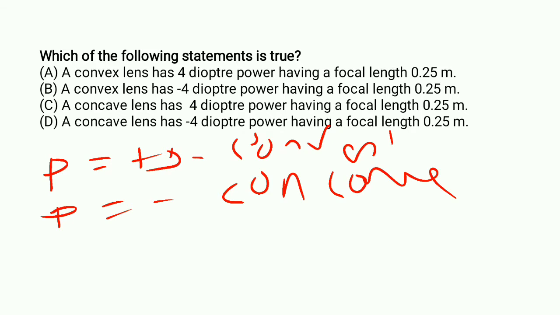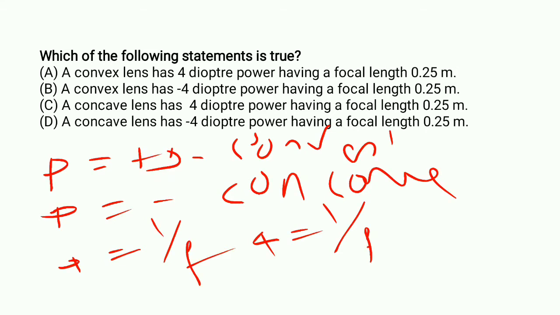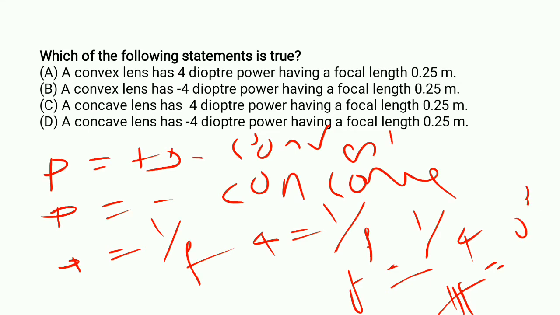Okay, so here we have option A. Let's cross check for option A. The lens has 4 diopter power. So we know the formula, P is equal to 1 by F, right? And here we have 4 diopter. So power 4 diopter is equal to 1 by F. Therefore F is equal to 1 by 4, and therefore it can be written as F is equal to 0.25.